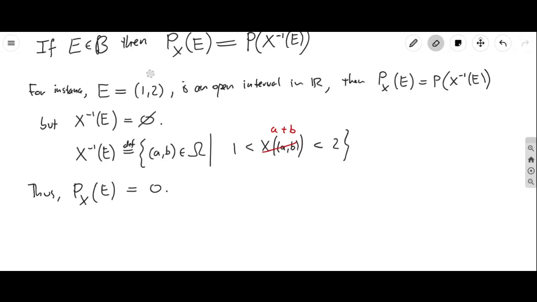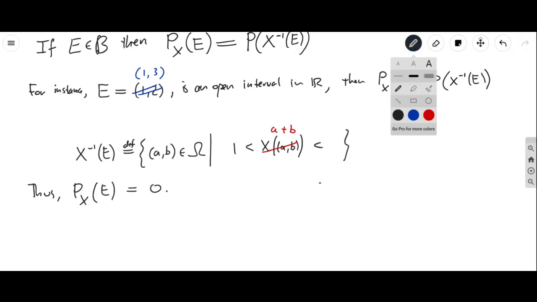Now, to use a different example, let's say instead of going from 1 to 2, we were to make this the open interval from 1 to 3. Then how would the calculation change? Then the pullback would be the set of points that are between 1 and 3. The only numbers that satisfy this are 1, 1. 1, 2 is already too big.